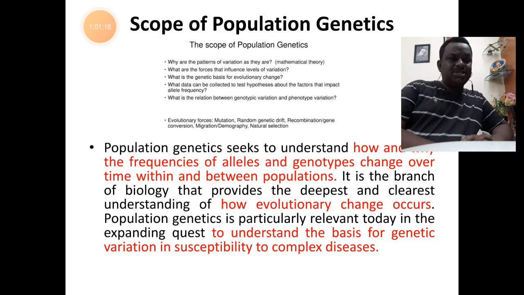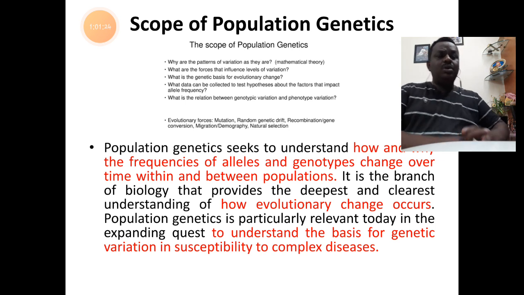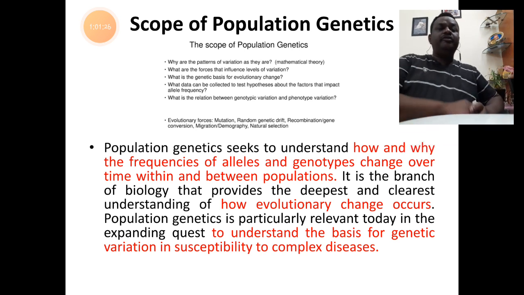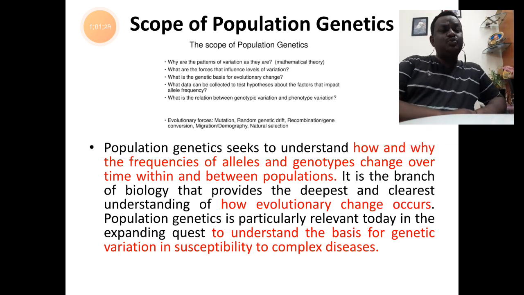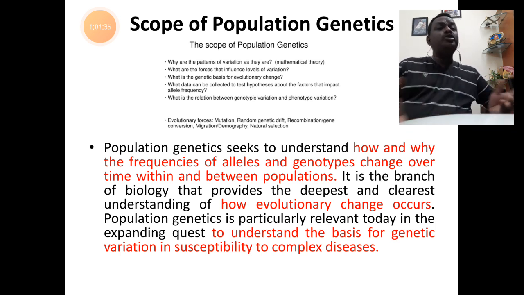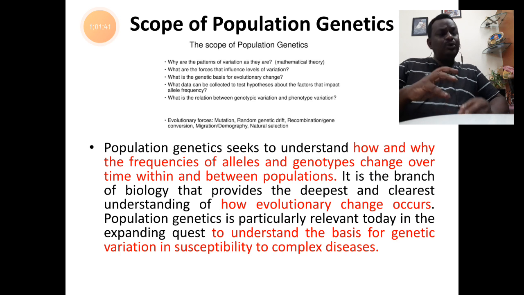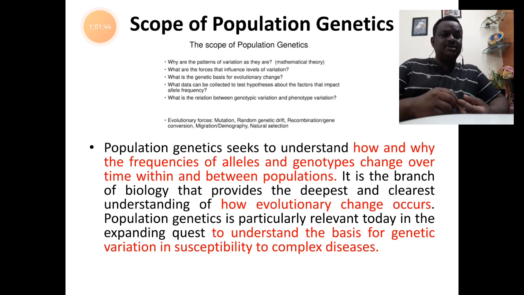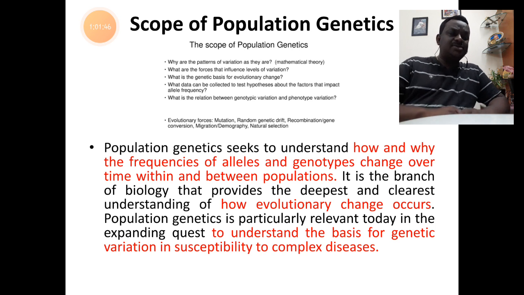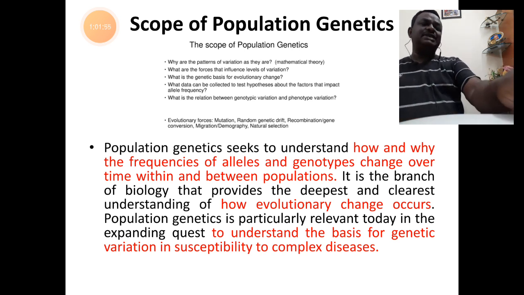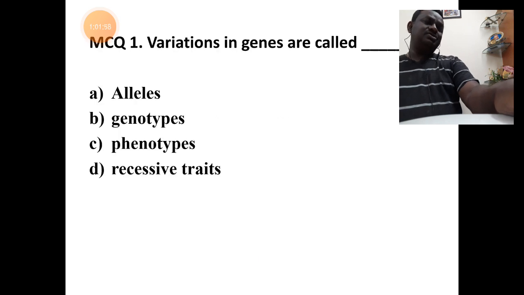The scope of population genetics helps us to understand how the frequency of alleles and genotypes change with the period of time between the populations, how new characters get imbibed by mutations, and how these genetic variations or changes slowly get inherited to the generations of offsprings, and how a new species gets formed in the environment. So this is about the importance of population genetics.